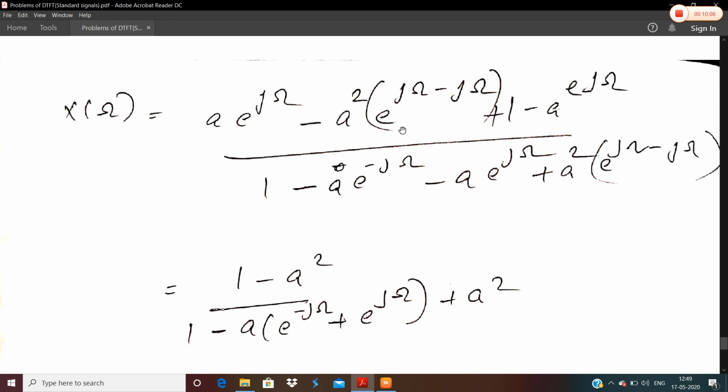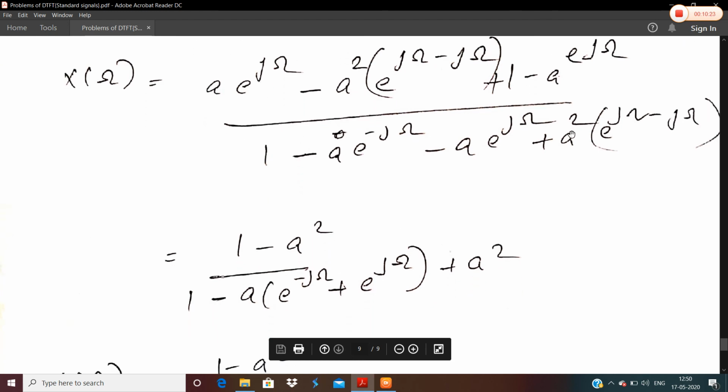And it is 1 minus a square into a e raised to 0. So a square into e raised to 0 means a square into 1. So it becomes 1 minus a square in the numerator. And in the denominator also, here we have a square into e raised to j omega minus j omega, so it is e raised to 0. So this is a square term. And here you can take the a term outside.